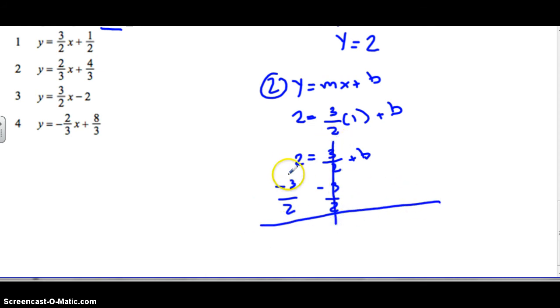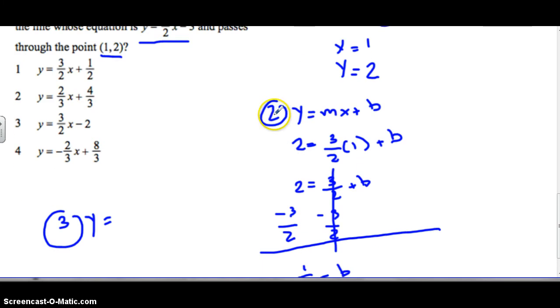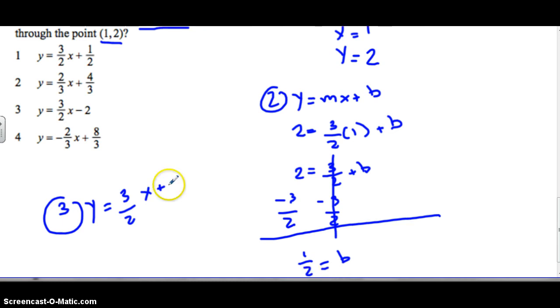I'm going to put 2 minus 3 halves into my calculator, and I end up with just 1/2 equals b. So finally, I just have to write out my equation. Remember my slope has to be 3 halves. So y equals 3 halves x plus our b, which is just 1/2.